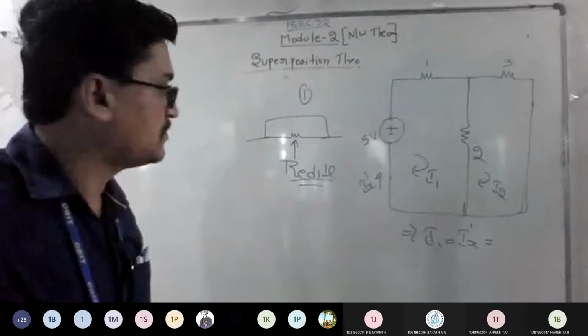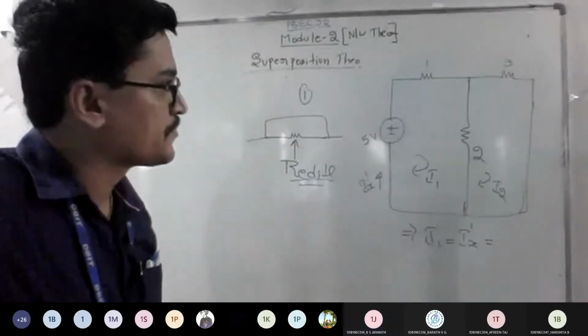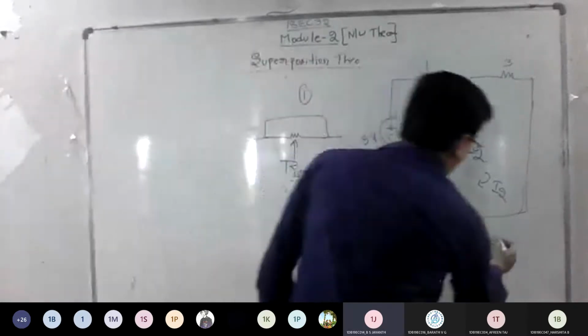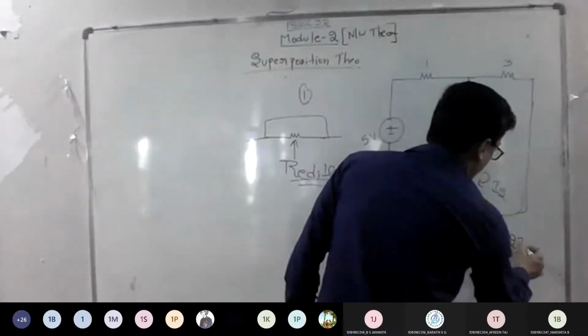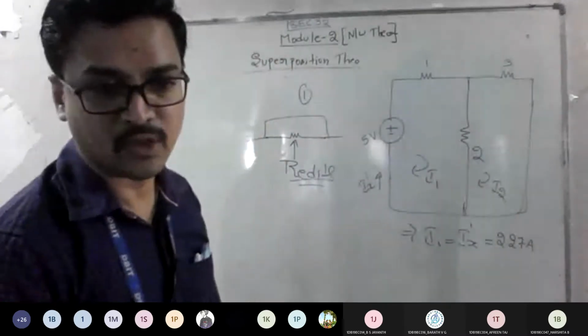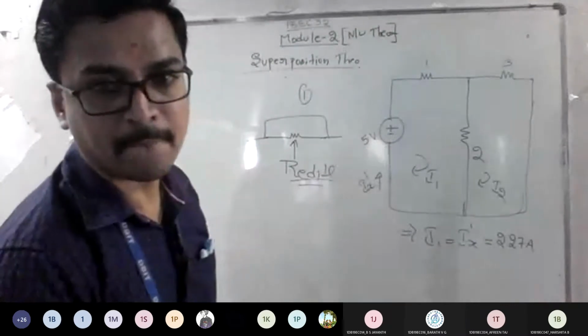Everyone try to finish this problem. Apply mesh analysis. I1 is equal to 2.27 amperes, sir. Okay, 2.27. That itself is your Ix dash. That is the first answer.